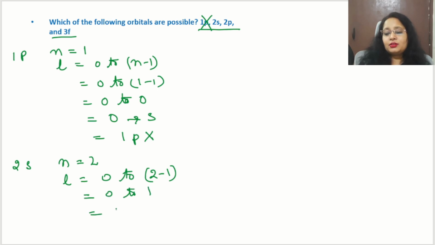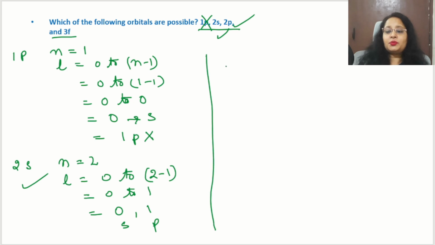It means 0 and 1. So 0 is for s and 1 is for p. So 2s is possible, and 2p also, because n equal to 2 also comes with p, so 2p is also correct. It is possible.